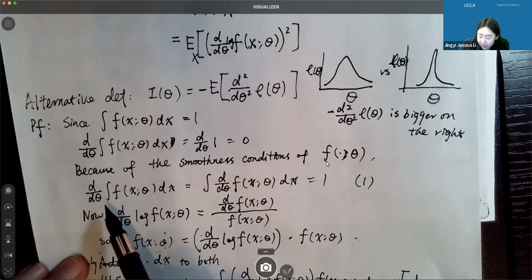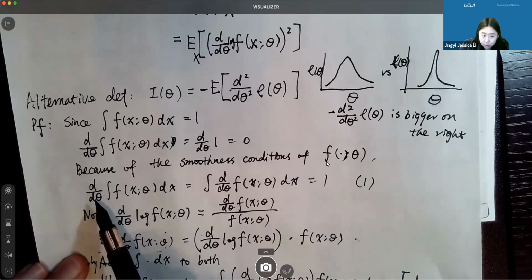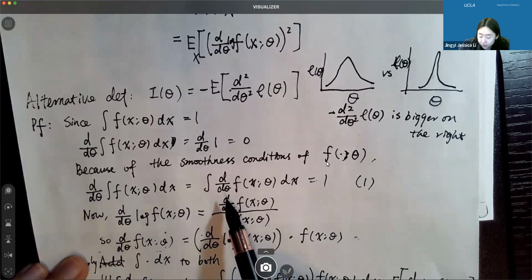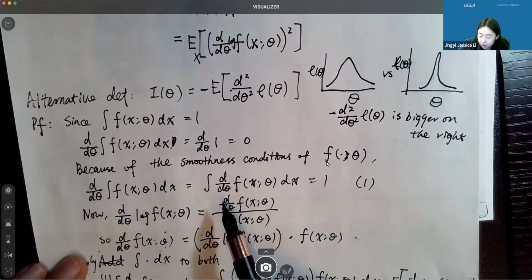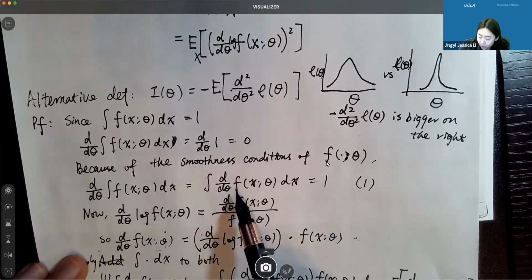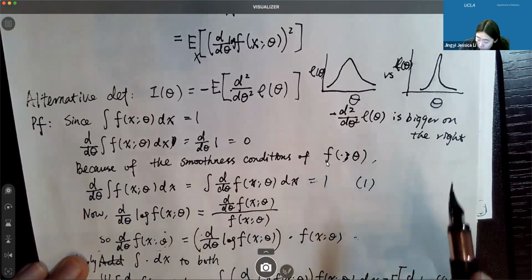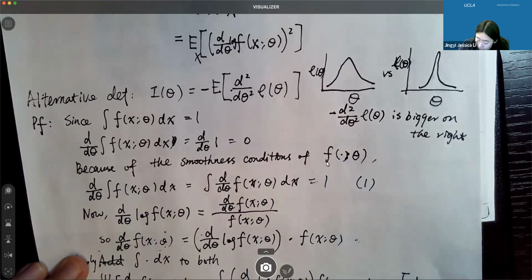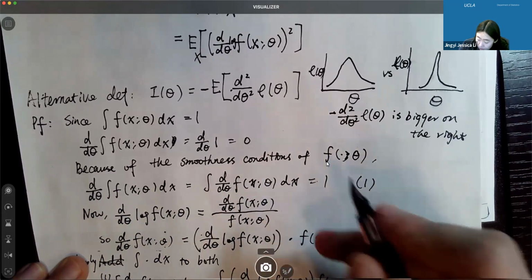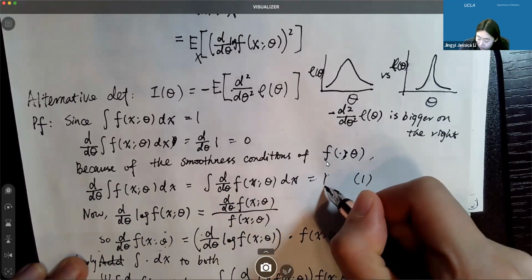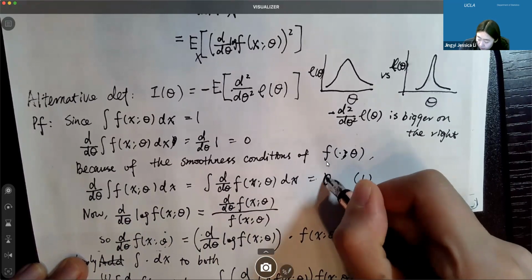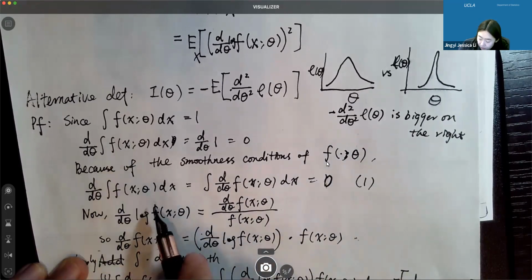Allowing that change of order between the differentiation against theta and the integration, we move it inside. Let me see, I think there is a mistake here. It should be 0 instead of 1. I wrote it wrong.